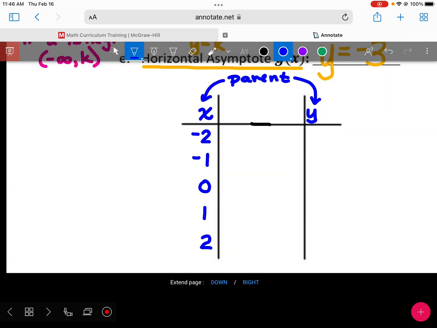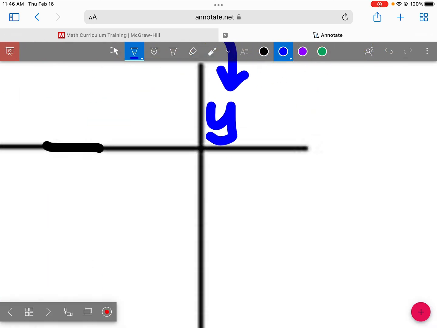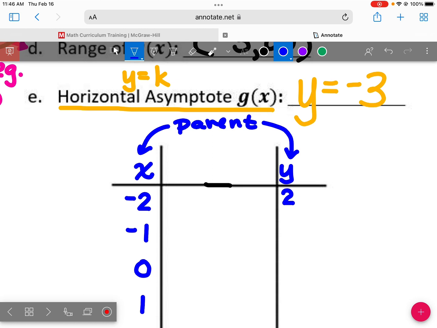To get the y values on this side, I look at this parent function up here. What was the base on the parent function? 2 to the power of whatever x is. So down this column, I'm going to have 2 to the power of whatever the x is right there.